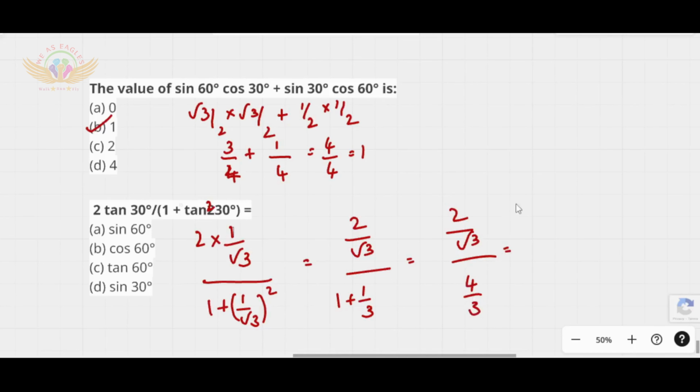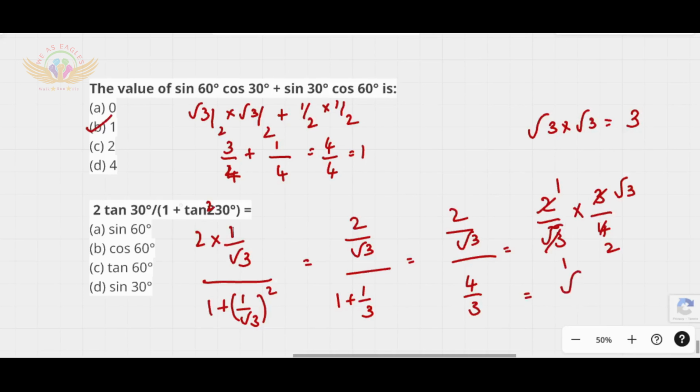I am bringing it to the numerator: 2 by root 3 into 3 by 4. 2 ones are 2, 2 twos are, root 3 ones are, root 3 into root 3 is 3 only. So the answer is root 3 by 2. Which value is root 3 by 2 here? Sine 60 is root 3 by 2. Yes, A is the right answer.